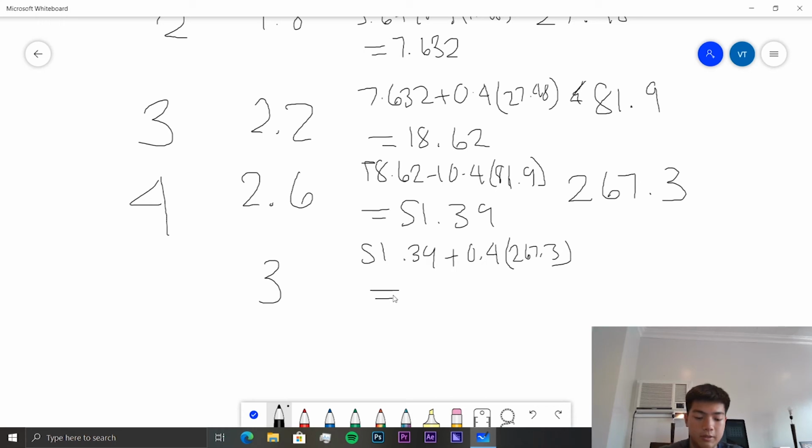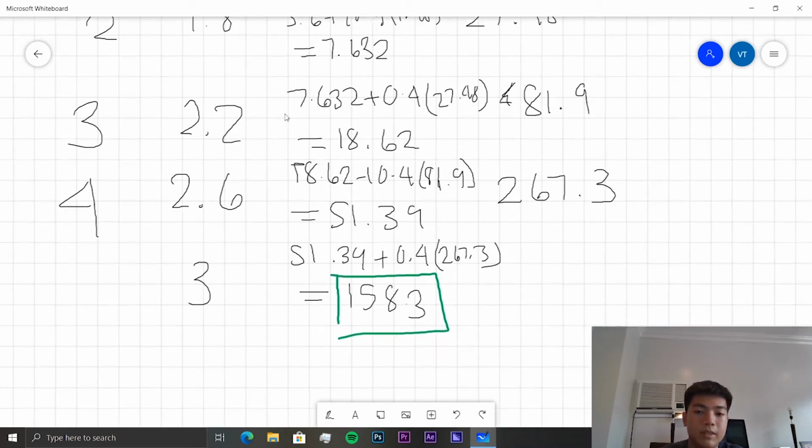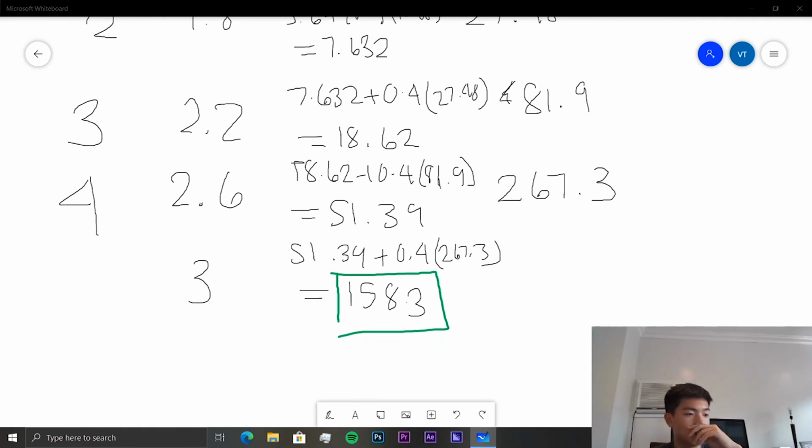This is equal to 106 plus 51.39, so our final answer will be 158.3. So this is the approximate y value at this point, and that is the solution to this differential equation.